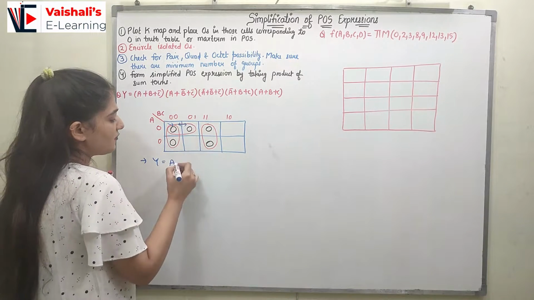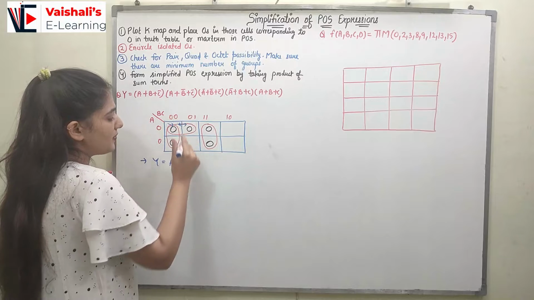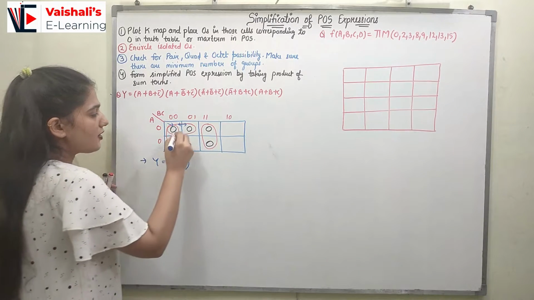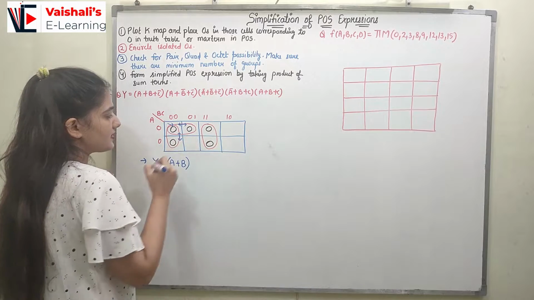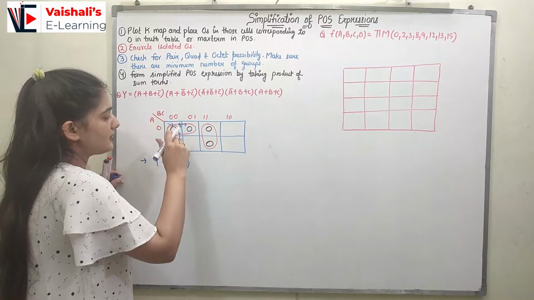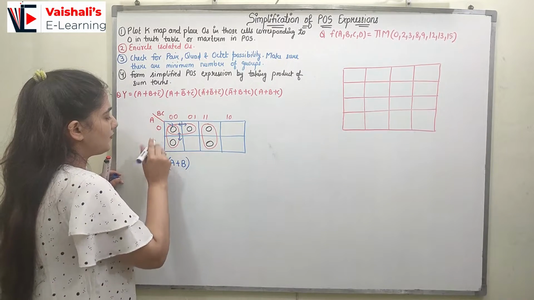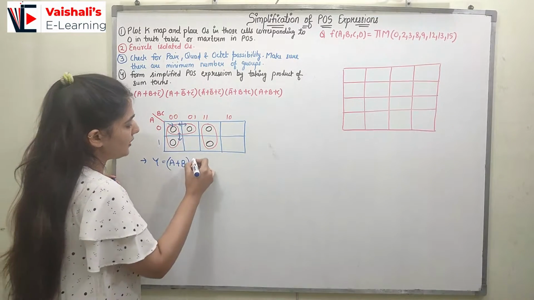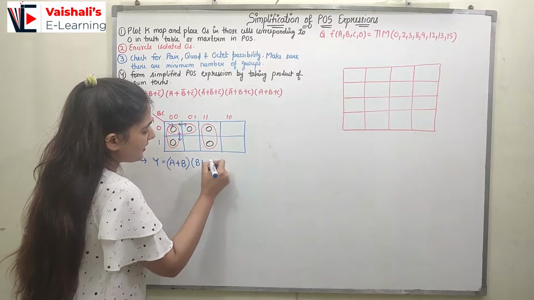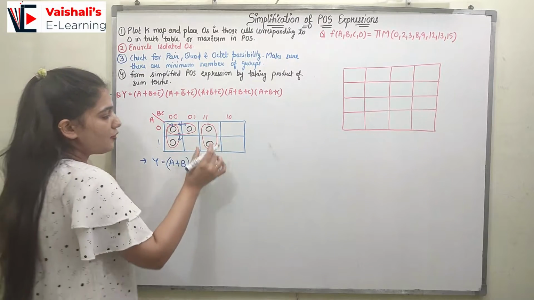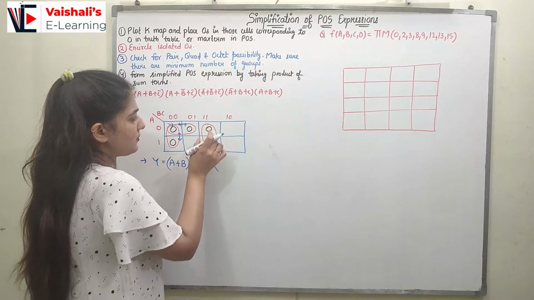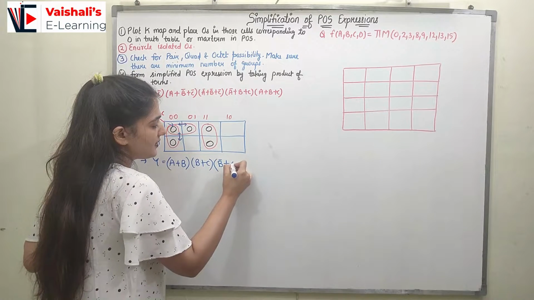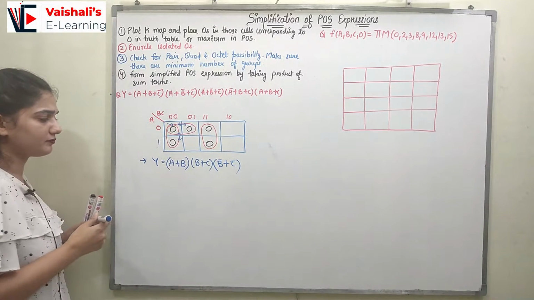C is changing from 0 to 1, B is common, which is 0, so it is written as A plus B. Now coming to these 2 cells. Here in these 2 cells we have A as 0 and 1, so A is changing and we are not going to consider it. B and C both are 0, so it is represented as B plus C. Now in these 2 cells we have 1, 1 common, which is B and C, so it is represented as B bar plus C bar.